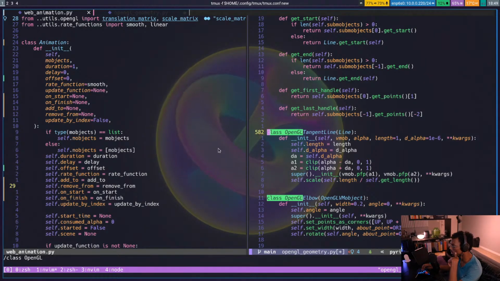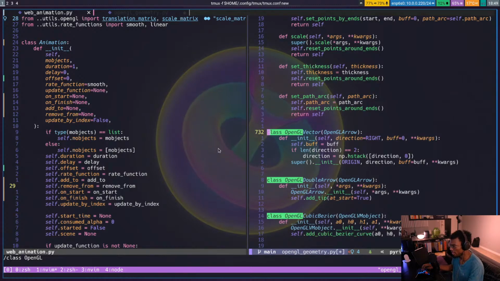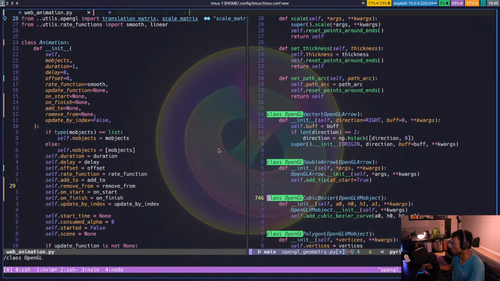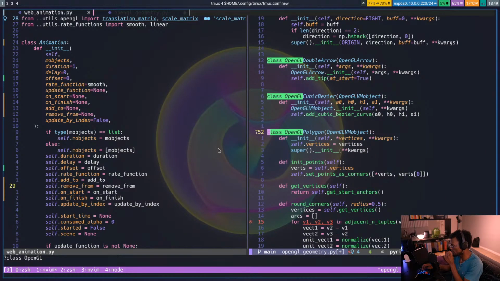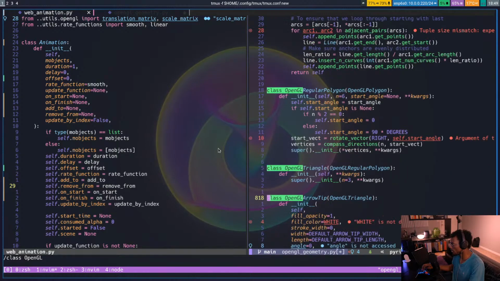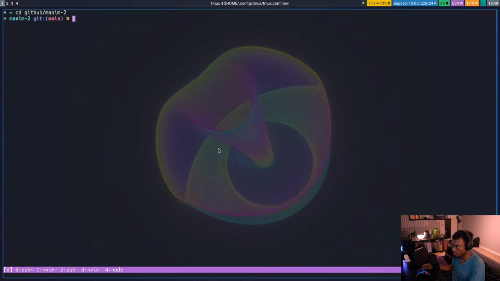Tangent line, I don't think I understand. Maybe arrow. Maybe polygon. Or triangle, possibly. Mostly I think I don't need to deal with that.